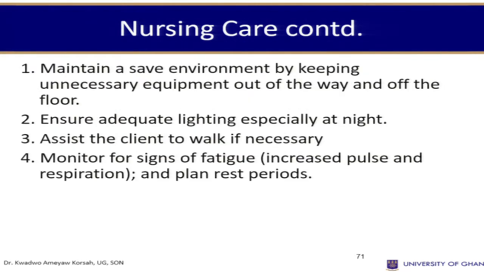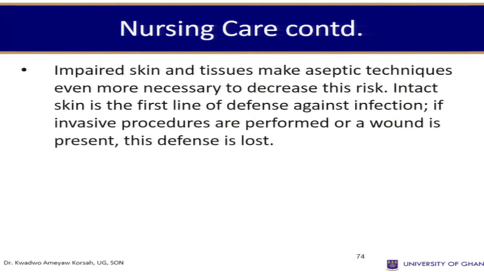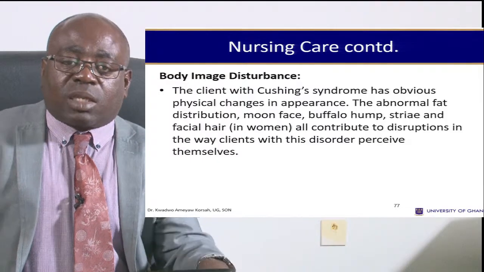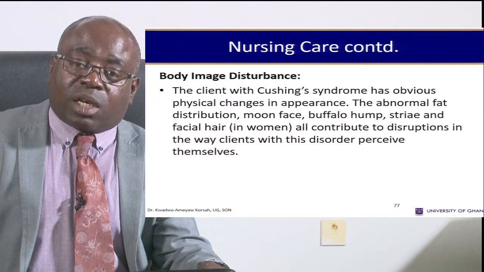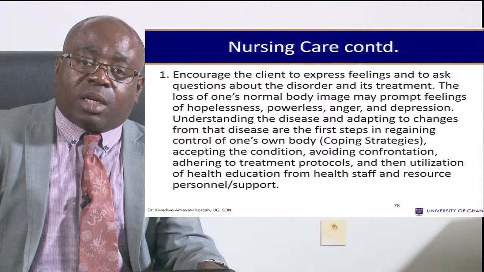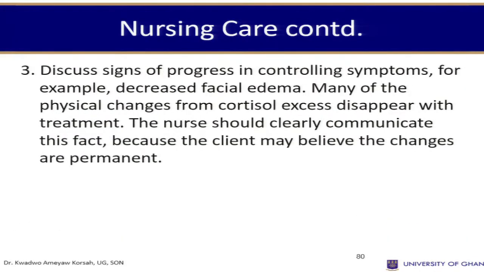Infection prevention is also very important, and then we need to also look at that and prevent it in individuals who may be affected. Body image disturbances, we need to look at that because of the structure, a lot of fat in the abdominal area, and then the back, and then other parts of the body, as we have already noted.